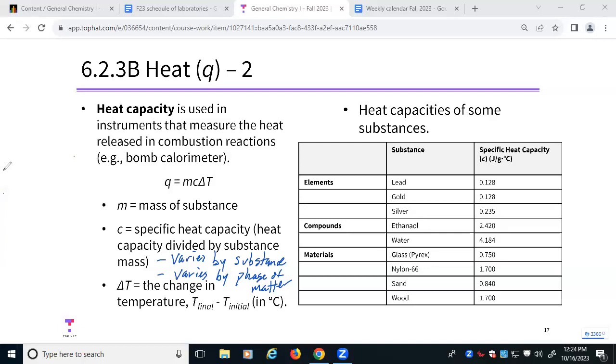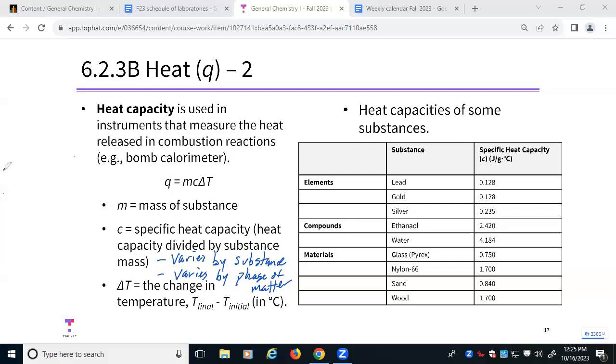The specific heat of water is 4.184 joules per gram degree Celsius. But again, that applies to water in the liquid phase. If I'm looking at steam, it's going to have a different specific heat. If I'm looking at ice, it's going to have a different specific heat as well.